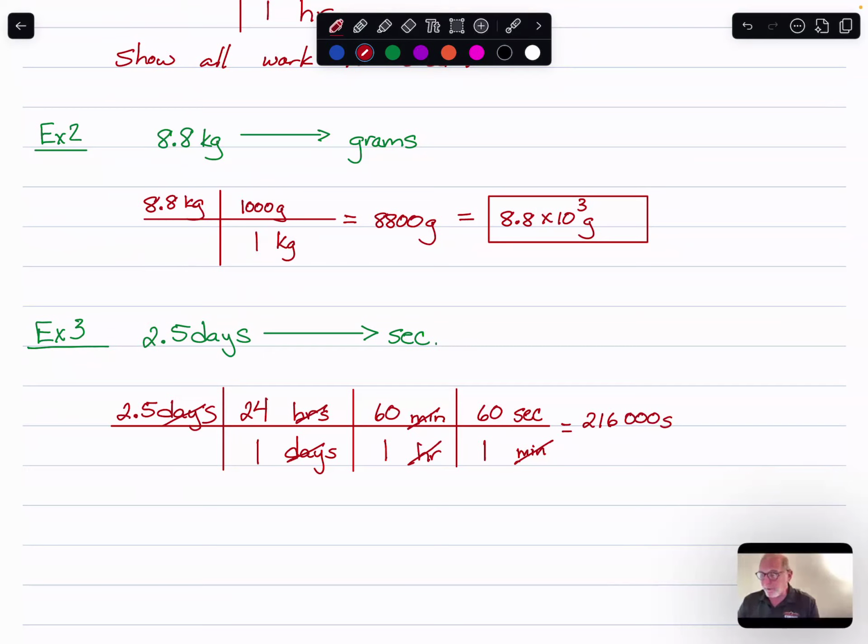Again, we only get 2 digits. So now we're going to have to round that number and put it into scientific notation so that it's 2.2 times 10 to the fifth seconds.